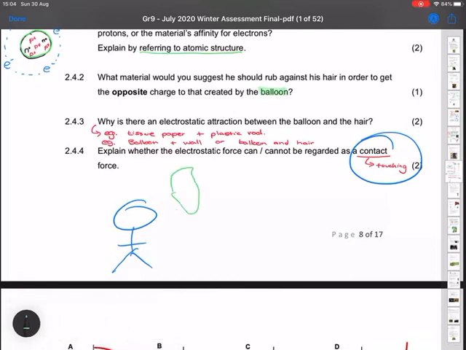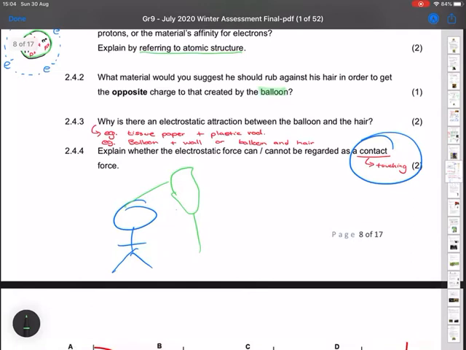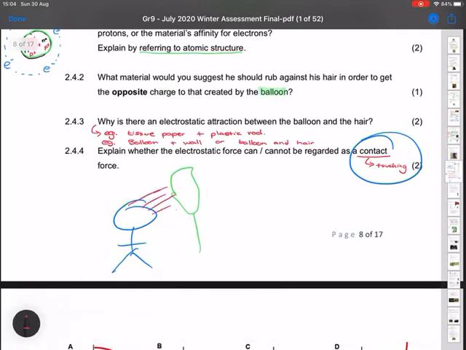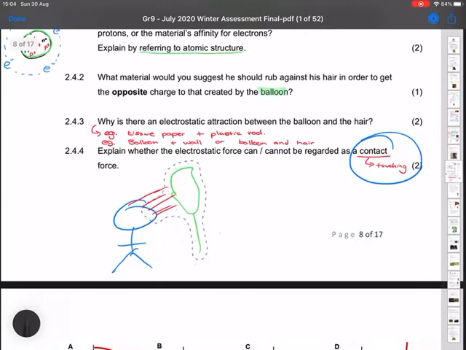Okay, so there we go, green balloon, blue person. When you rub the balloon against the hair, if you bring the balloon near to the hair, even though it's not touching the hair, which I'll do in red, we can have a red head, the hair would be attracted to the balloon, even though the balloon might not necessarily be touching the hair. So let's move the balloon away a little bit.